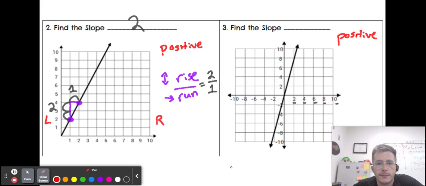Once I find the type of slope, I can select 2 perfect coordinates of my choosing, as long as they're perfect coordinates. Looking for where it crosses the grid. I have one at the origin here. That's a perfect coordinate. And then as I'm moving up, this area is not going to work.